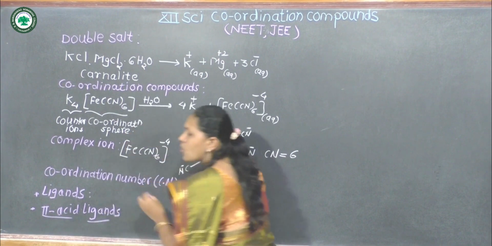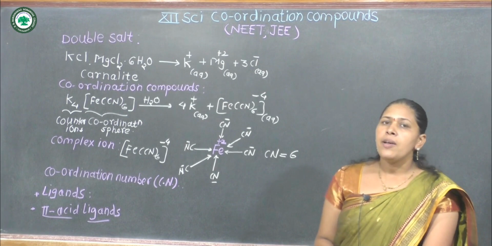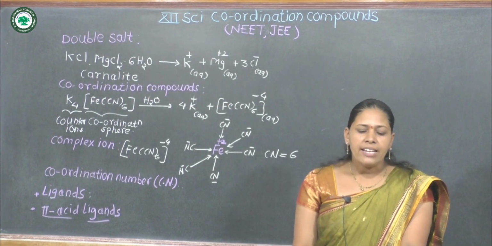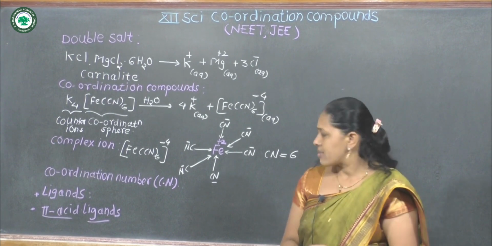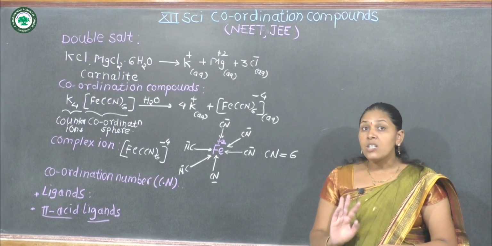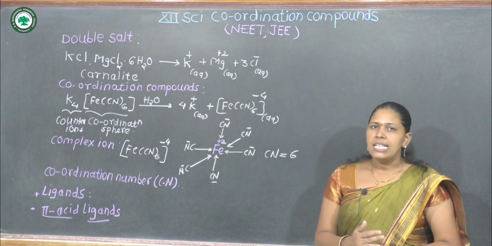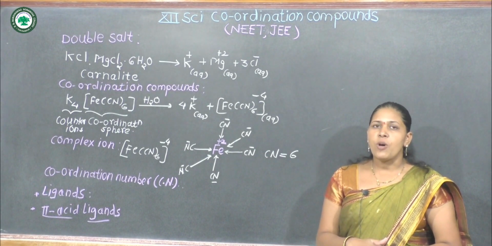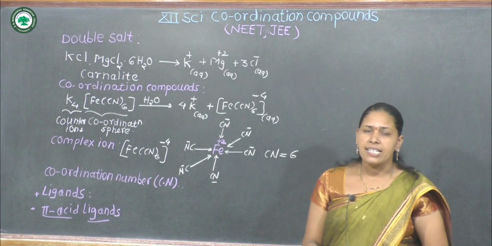This point is also not included in your state board syllabus. What is meant by pi acid ligands and what are examples of pi acid ligands? Ligands which cannot donate electron pairs to the central metal ion, but accept electron pairs from the central metal ion, are called pi acid ligands.